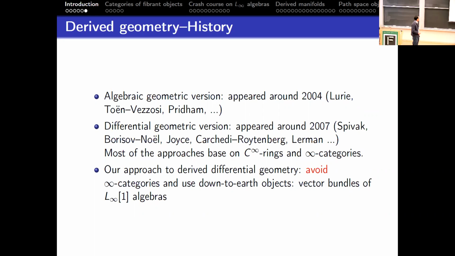The same idea. So our idea is just to try to avoid infinite categories and use something very down to earth. Normally, when you go to infinite categories, that's all the algebraic geometry you do. And for people like me, who grew up in differential geometry, it's very hard to put hands on infinite categories.